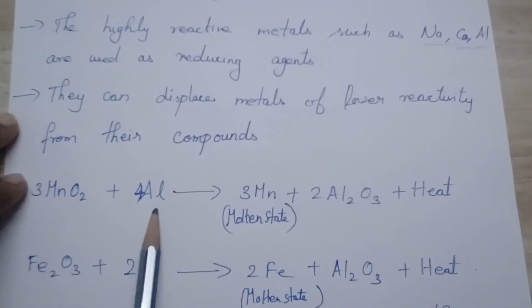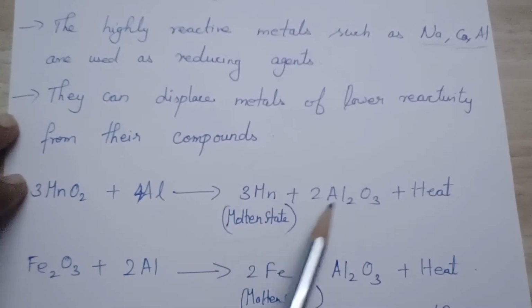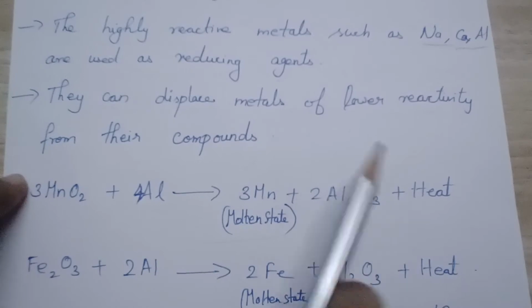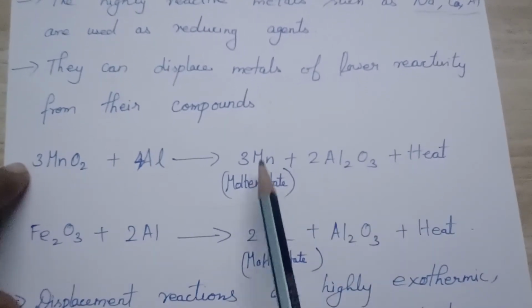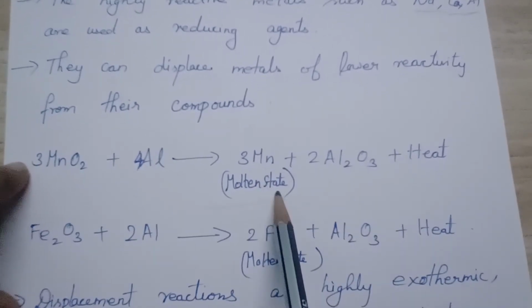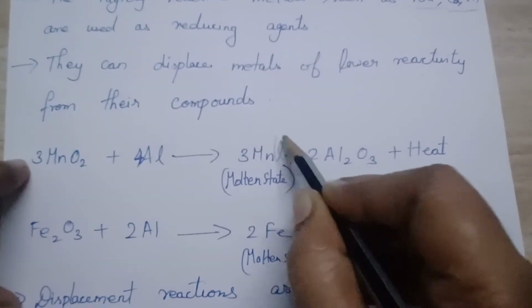Magnesium oxide plus aluminum gives magnesium in molten state plus aluminum oxide plus heat. Displacement reaction is a highly exothermic process, so heat will be evolved. That's why this metal is in molten state. Actually, it should be in the solid form, but instead it will be in the liquid form, molten state.